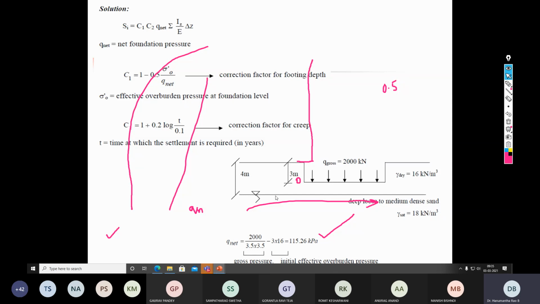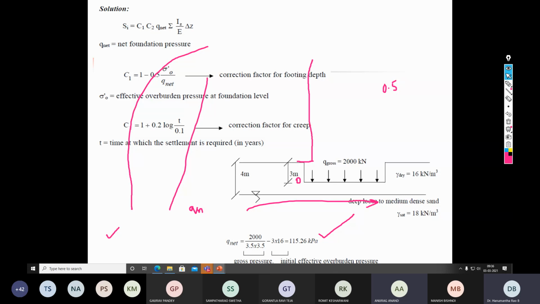For example, if the groundwater table is on the surface, the effective weight becomes only that weight which is under submerged condition. So this is what we are understanding from soil mechanics. Is it clear?